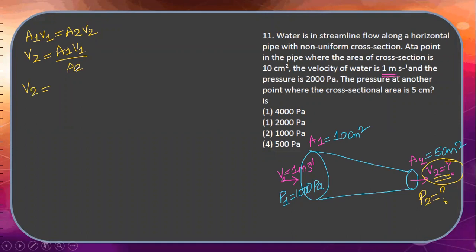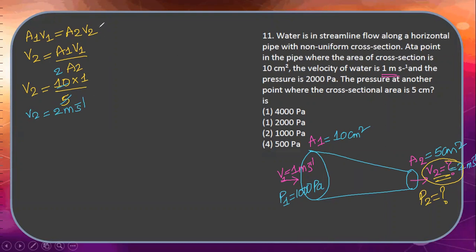So V2 is equal to 2 meters per second at the second cross-sectional area.